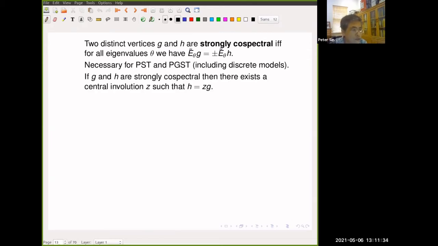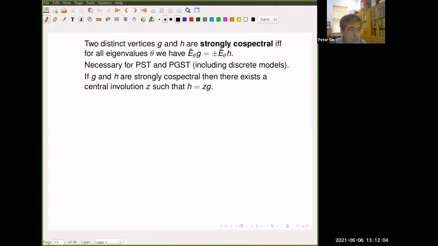So if G and H are strongly cospectral, then there exists a central involution Z such that H is equal to Z times G. Normally this is not true for association schemes in general, but in the case of Cayley graphs, we get this slightly stronger result: if we have two elements that are strongly cospectral, then they're just related by a central involution.